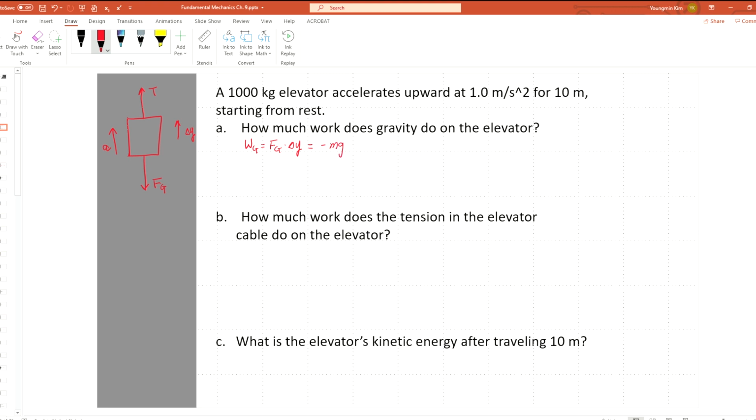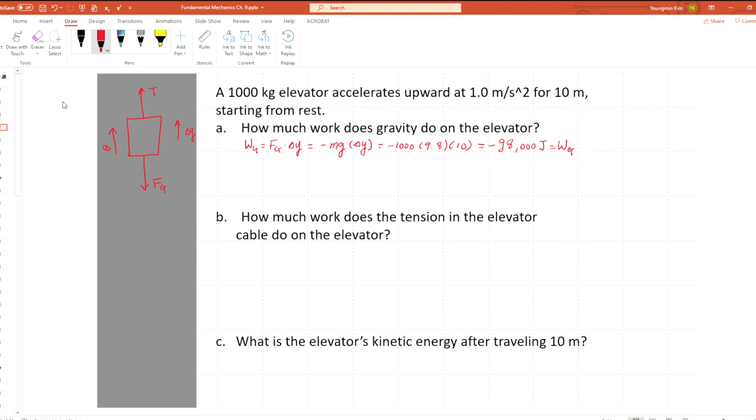So you have downward force, minus mg, times positive delta y. So we have minus 1,000 multiplied by 9.8 times 10 meters, which gives you minus 98,000 joules. That is the work done by gravity on the elevator. It causes negative 98,000 joules.